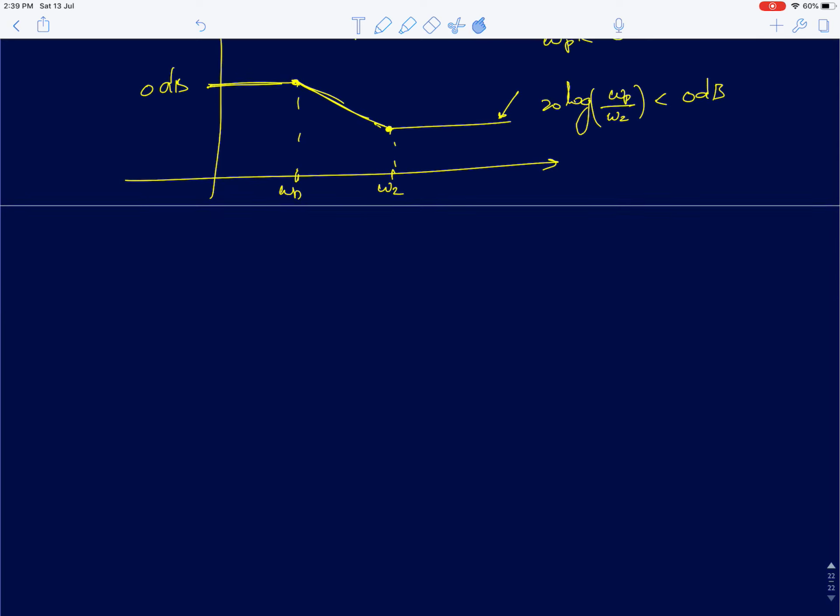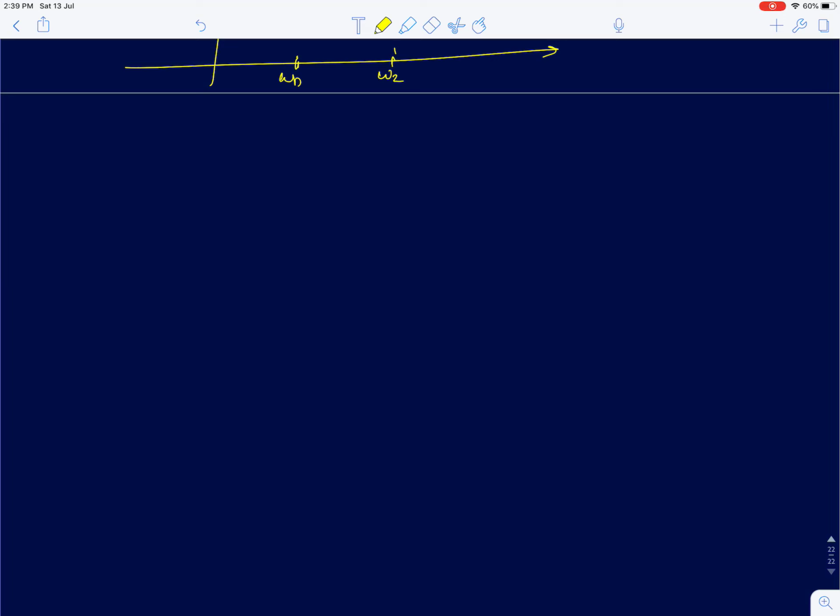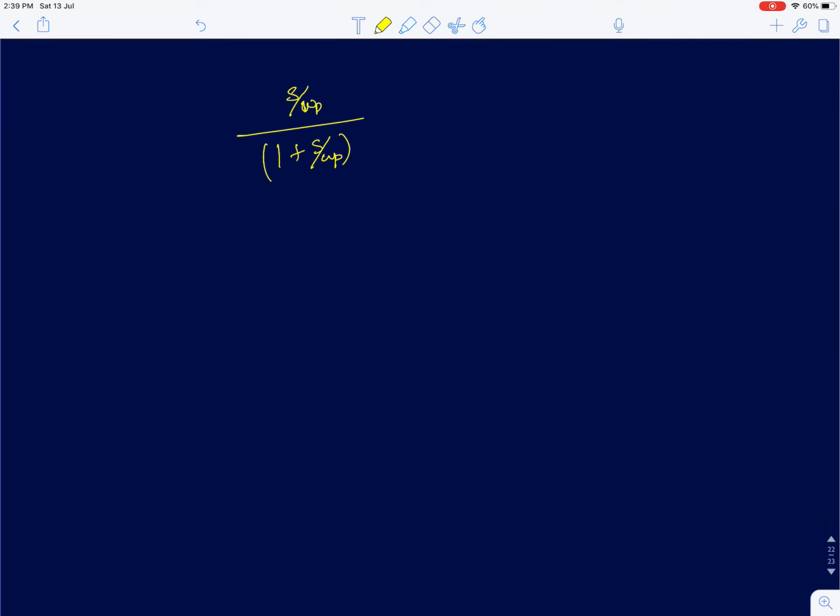Okay, now let's say we are asked to plot. Now we'll very quickly try to plot the transfer function s by omega p by 1 plus s by omega p. When you're asked to plot a transfer function for this, again you'll have to take the magnitude response, which should be mod of omega by omega p by 1 plus root of omega by omega p the whole square.